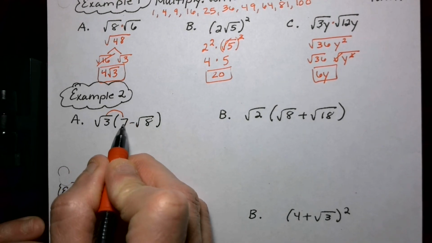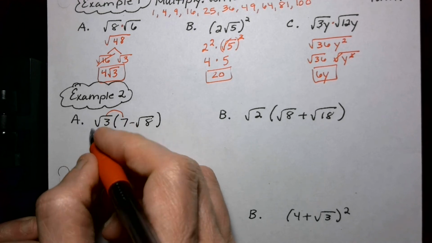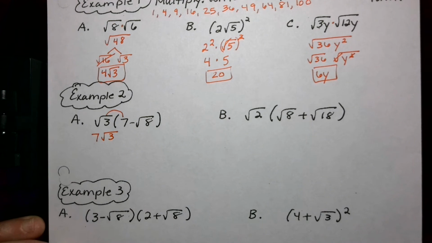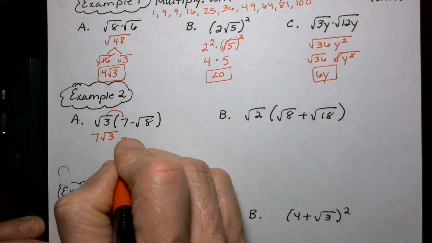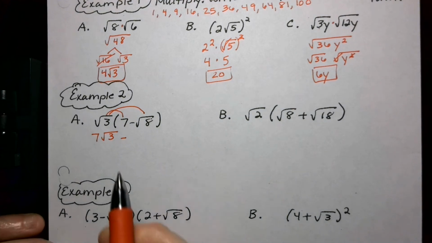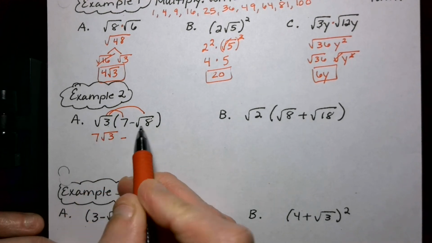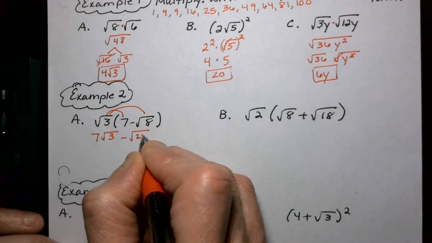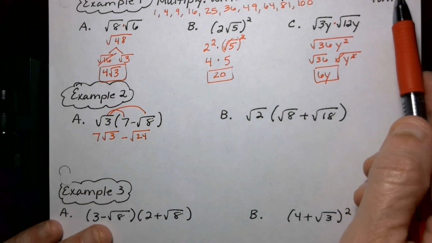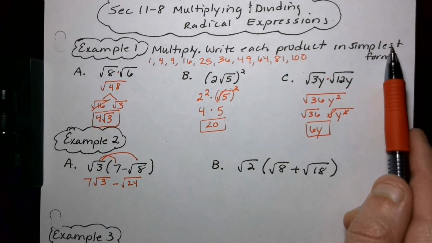You always want to put the 7 out front, otherwise it's going to look like 37 under the square root, and only the 3 is under the square root. Minus, and then we're going to multiply these. And remember, when you multiply 2 square roots, you multiply what's on the inside. And I get 24. Now when I look at this, and we again have to have everything in simplest form, as we said up here.